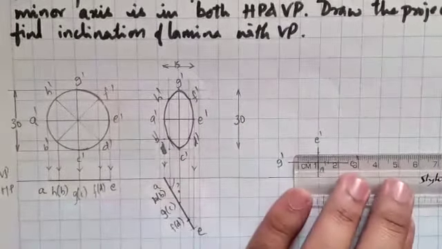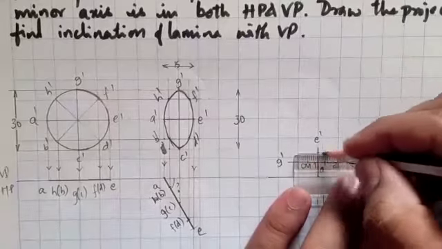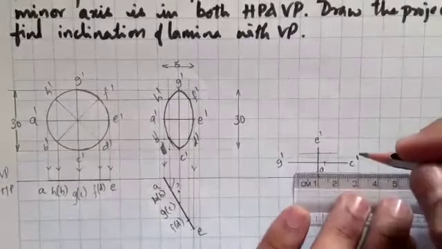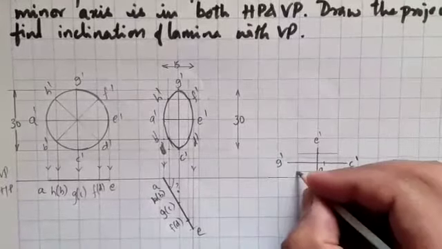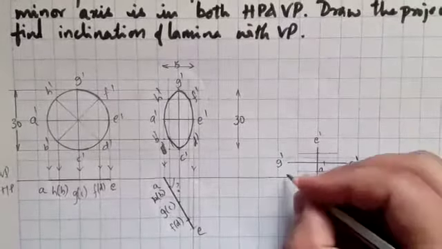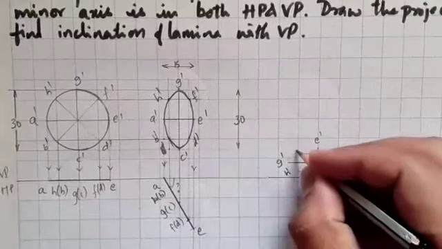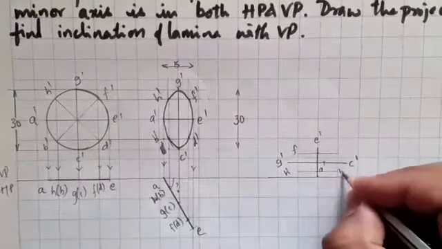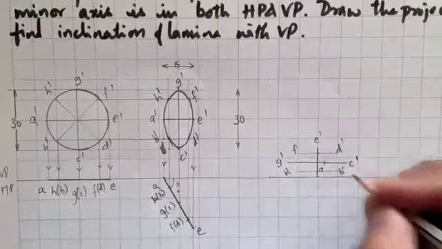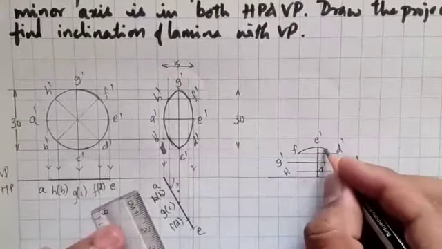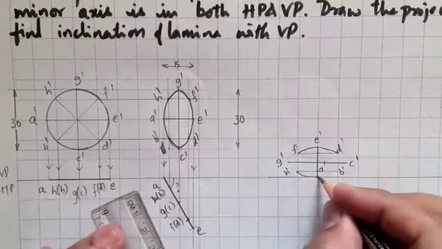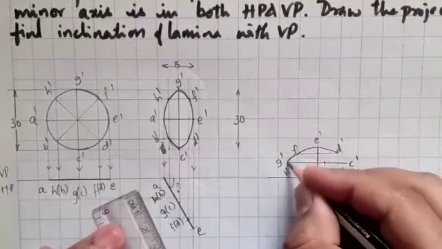So 10 and 10, I'm going to mark. So these two lines are AH, G and F, A, B, C, D and E. And construct this ellipse. First arc, second arc, and complete the ellipse.